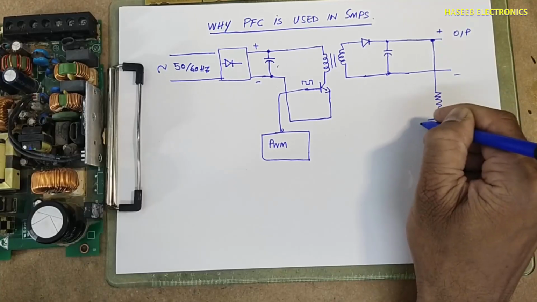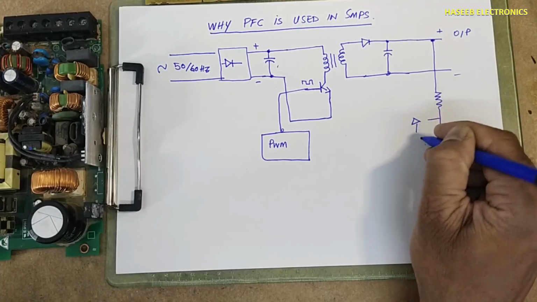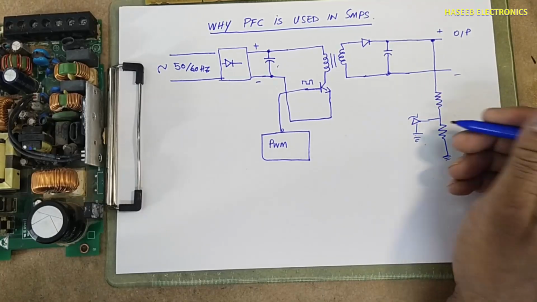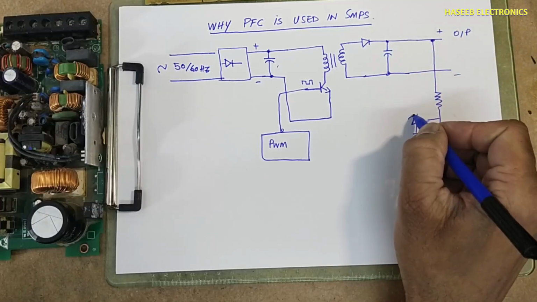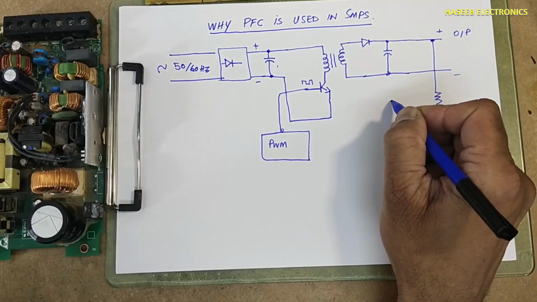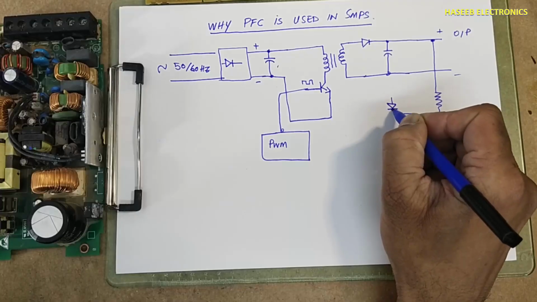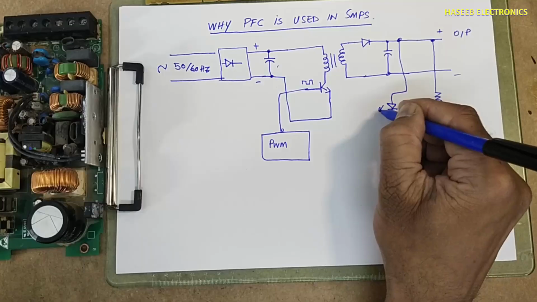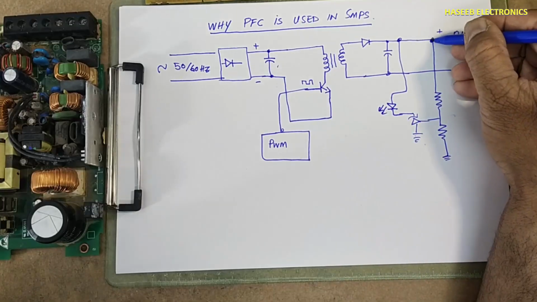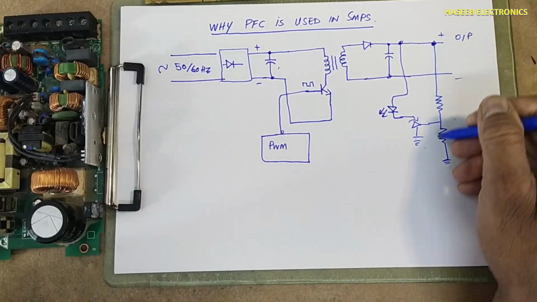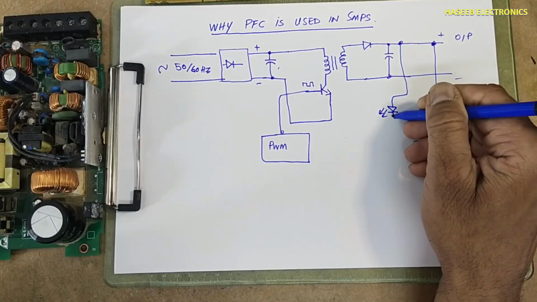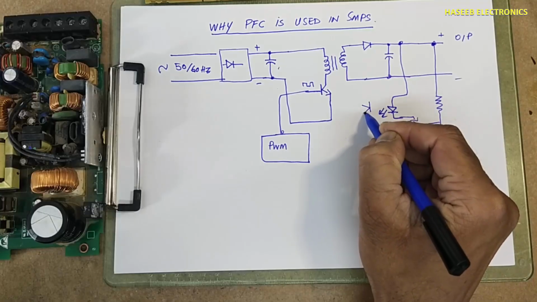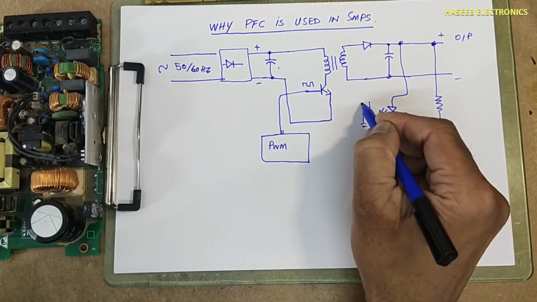is connected to a reference regulator. Might be a zener, adjustable zener. It will drive the optocoupler. When the voltage is maintained at the output, it will allow switching to this LED, IRED, that is part of the optocoupler.